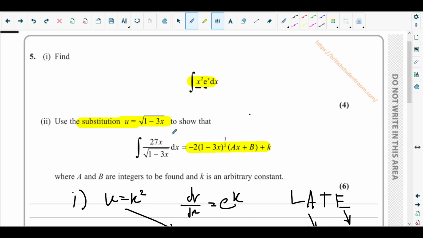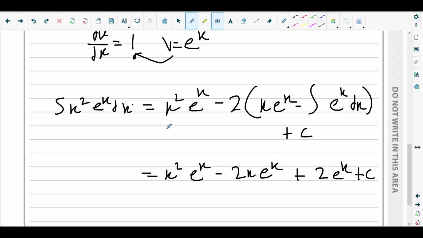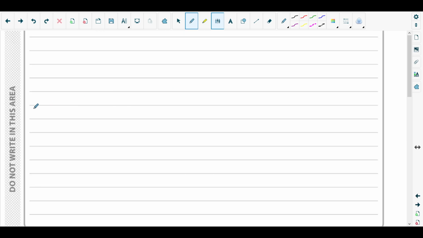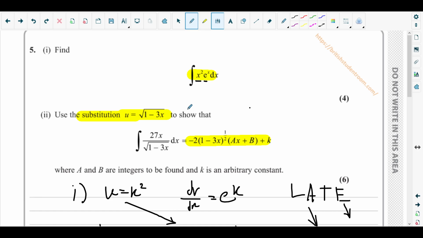That's our main goal, so we have to do the workings according to our goal. The substitute is given as u equals 1 minus 3x to the power half.